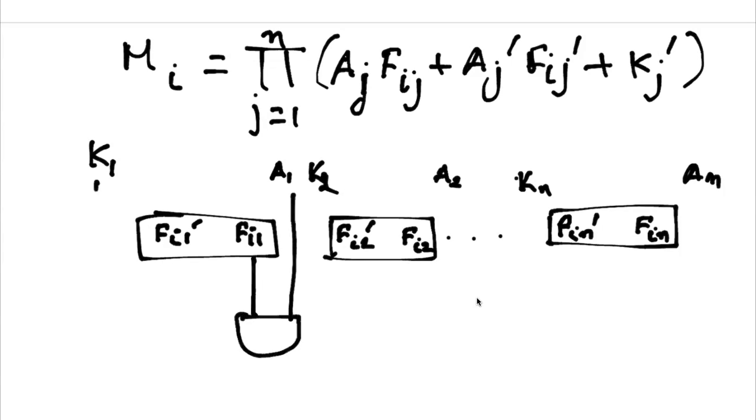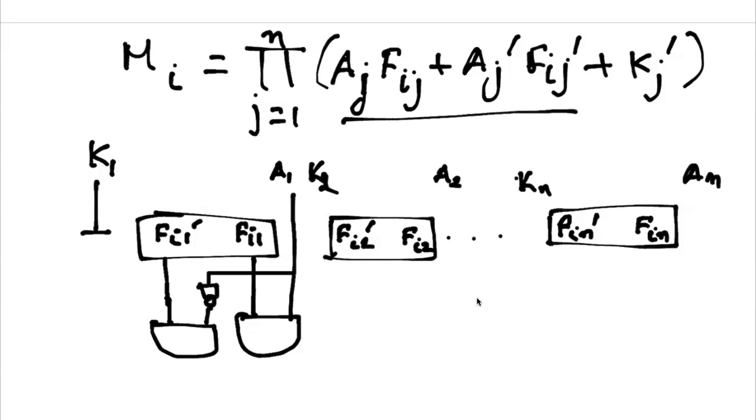For the second part, what I have is the negative part, that is Aj dash. So Aj dash would be obtained by passing it through an inverter, and Fij dash is here. So Aj dash, Fij dash, this is giving me this part.